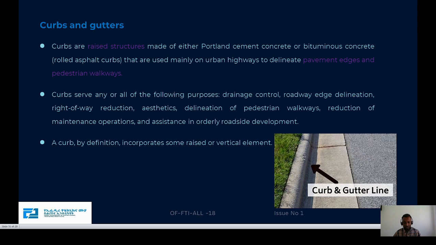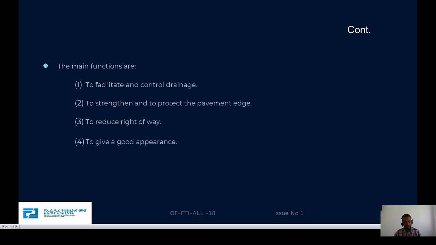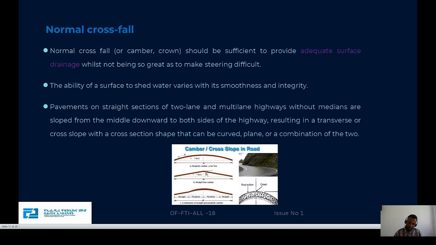Curbstones may be defined as a raised or vertical element. The main functions are to facilitate and control drainage, collecting water from the traffic lanes or carriageways and facilitating the drainage systems, to protect the pavement edges, to reduce the right of way, and also for aesthetic purposes.